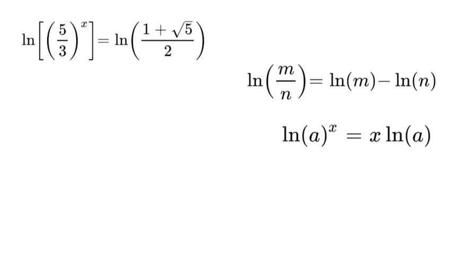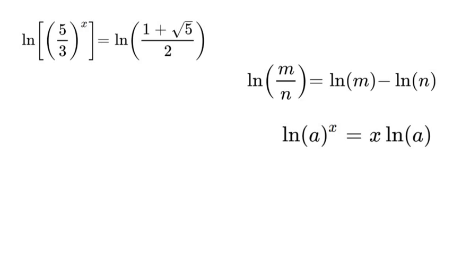Now we're going to use some natural log properties here. If we had log of m over n, it would be equal to log of m minus log of n. Then if we had log of a to the power of x, you could move that exponent to the front, so we'd have x log a.